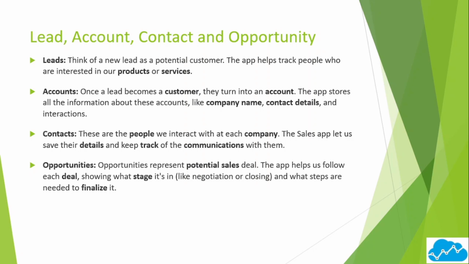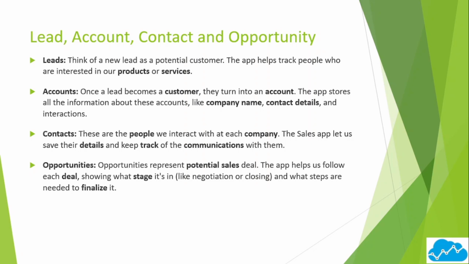The app stores all the information about these accounts, like company name, contact details, and interactions. So all the things related to that company, we collect into the accounts object or accounts table. Contacts are the people we interact with at each company. The Sales app lets us save their details and keep track of communications with them.